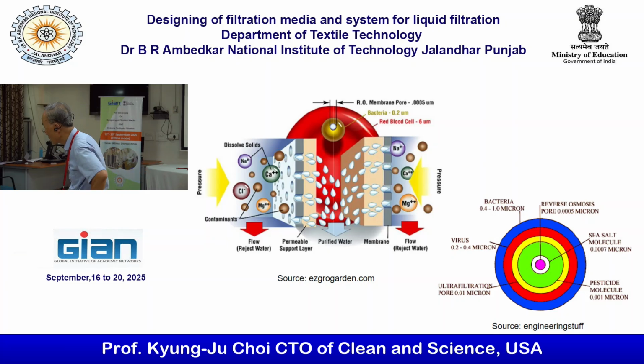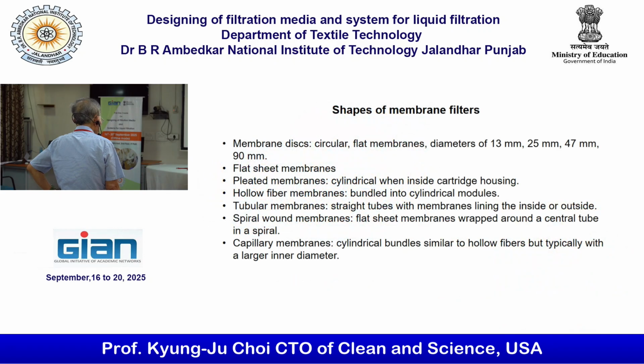The membrane element. Shape of membrane filters. Membrane disc, circular, flat membrane, diameter about 13 millimeter, 25 millimeter, 47 millimeter, 90 millimeter. And then they do have a flat sheet membrane, pleated membrane, cylindrical, within the cartridge housing.